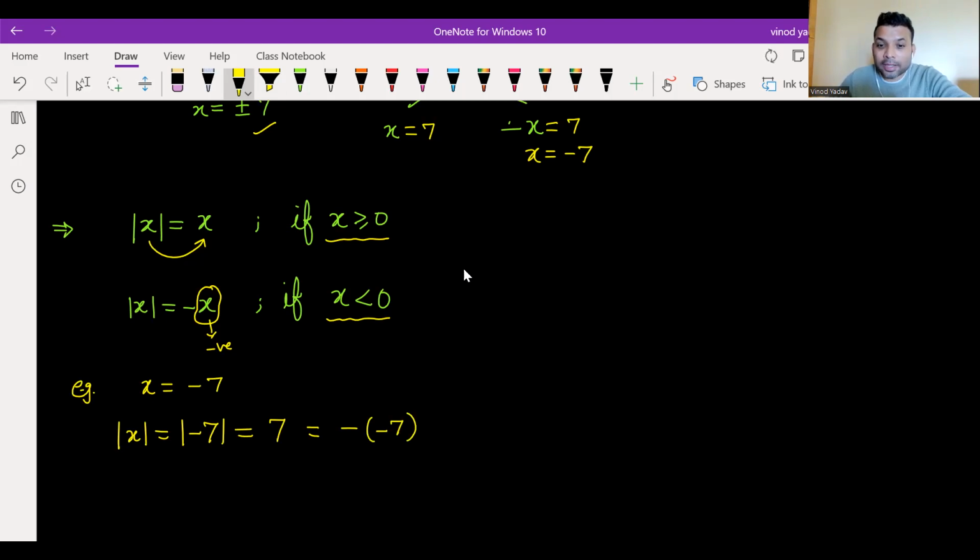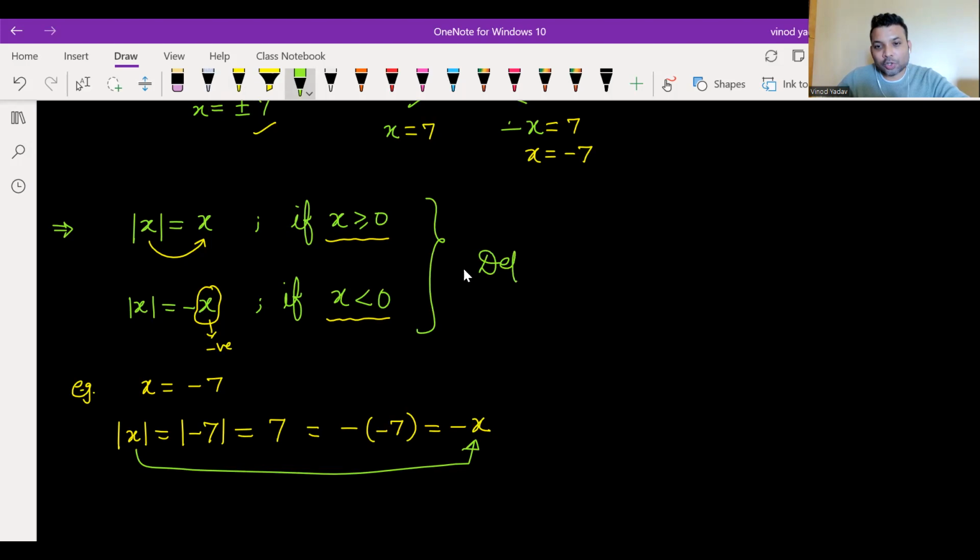And x was -7, so I can resubstitute this as -x. I'm sure you are understanding now. So mod x is ultimately -x, because x was negative, that is why -x will be positive, isn't it? Clear? Cool. So this is the proper definition of mod, which you should know properly.